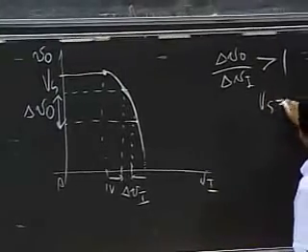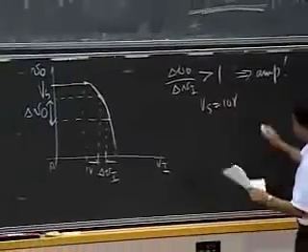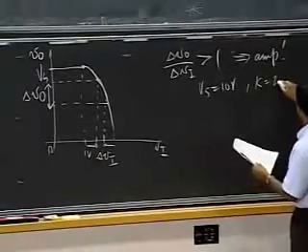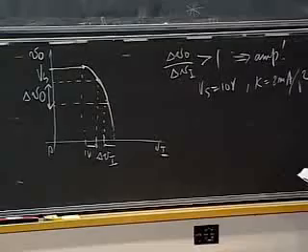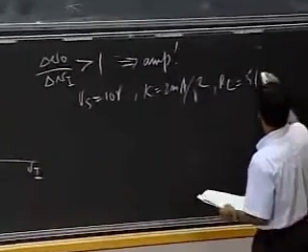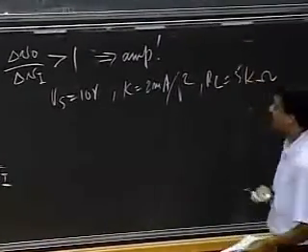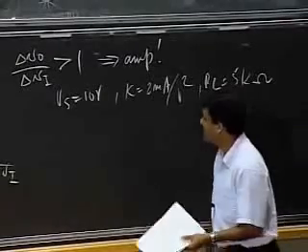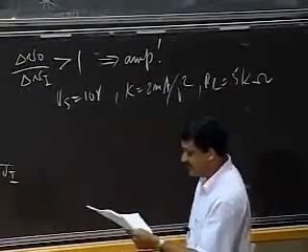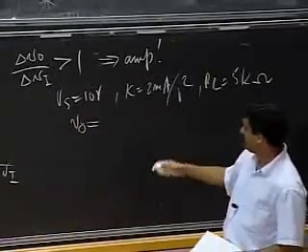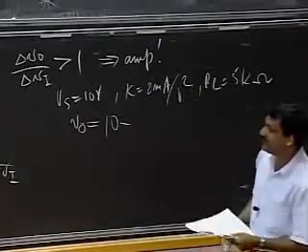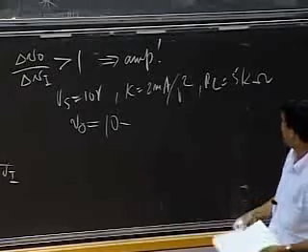So let's do an example. Let's say Vs is 10 volts. Let's say K is 2 milliamps per volt squared. And let's say RL is 5 kilo ohms. So let me substitute these values into that equation, and I get V0 is Vs, which is 10, minus K RL divided by 2.